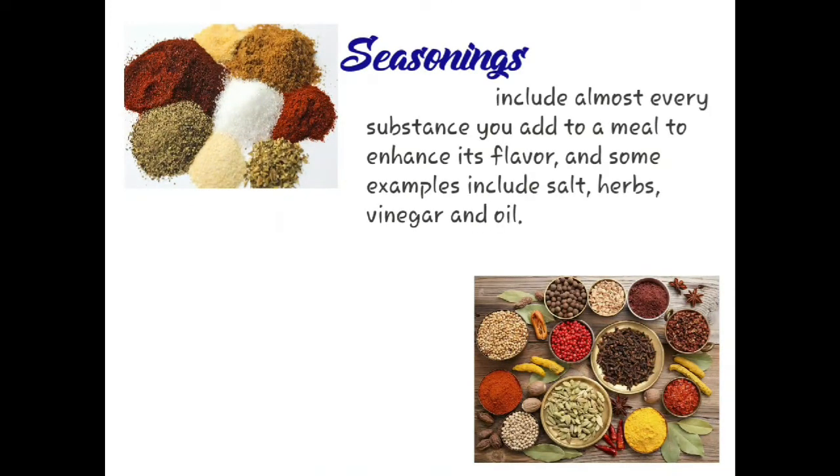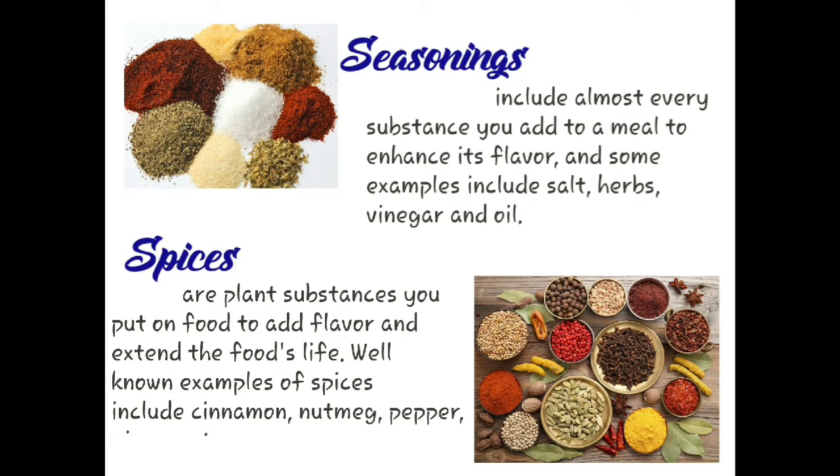Seasonings include almost every substance you add to a meal to enhance its flavor, and some examples include salt, herbs, vinegar, and oil. Spices, on the other hand, are plant substances you put on food to add flavor and extend the food's life. Well-known examples of spices include cinnamon, nutmeg, pepper, and ginger.